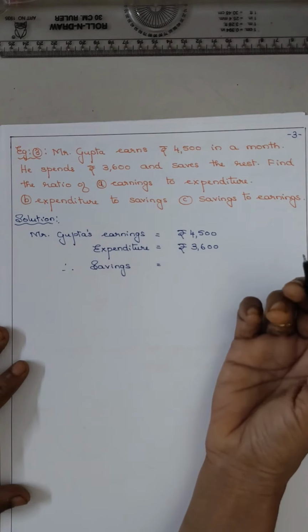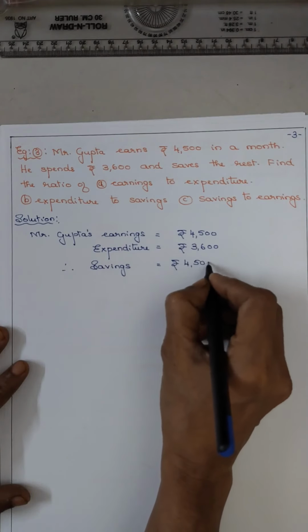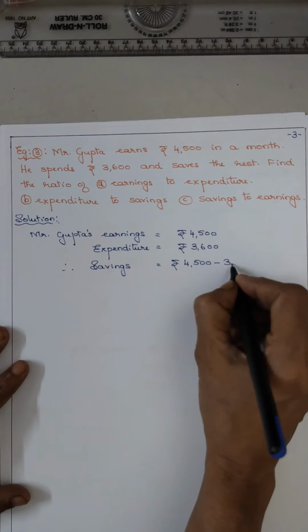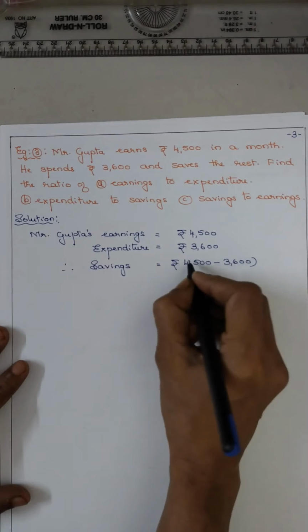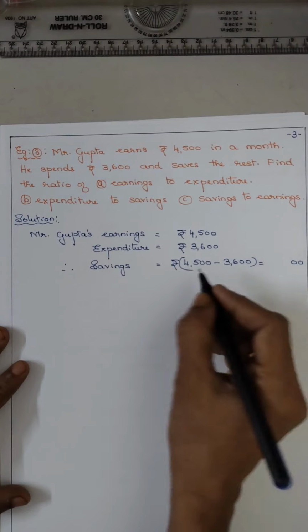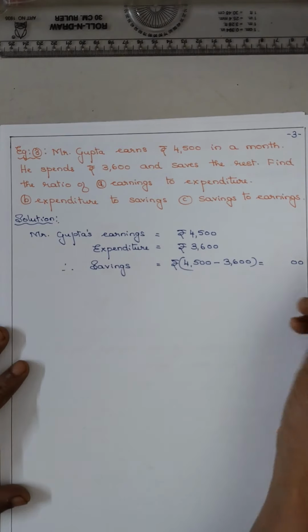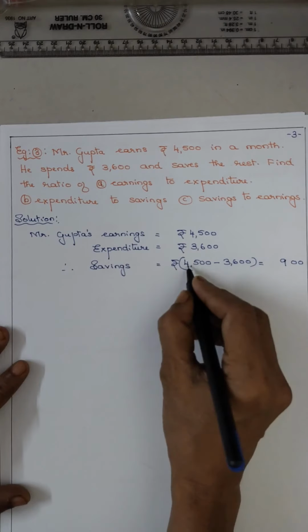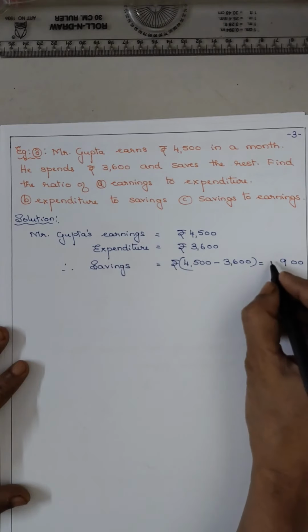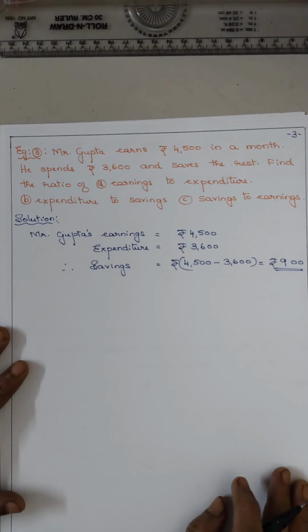means what, do minus, rupees 4500 minus 3600, 0 0 2 zeros, 5 minus 6 means 15 minus 6 is 9, 3 minus 3 is 0, so the savings is rupees 900.